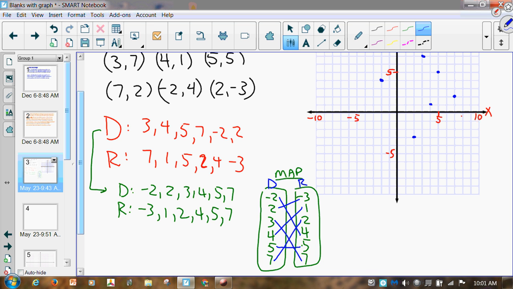Now, I want you to understand something about discrete data. Unless you're told to do so by the context of the problem, there is no obligation whatsoever to try to connect the dots, okay? They are discrete points. They have meaning as discrete points, and so we leave them as discrete points unless we're told to try to, for example, fit a line to that.